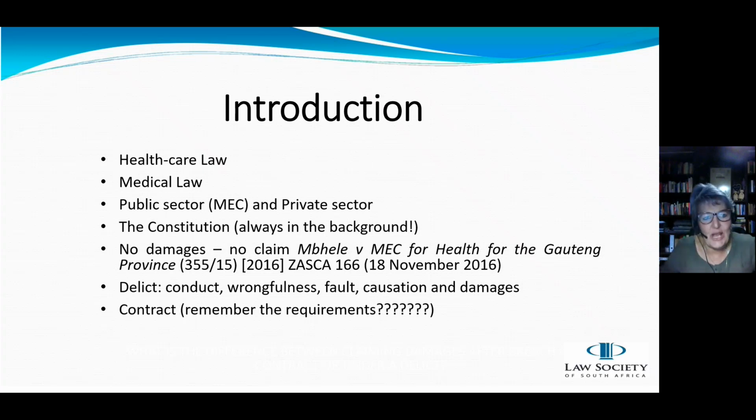People use them interchangeably. But remember that medical law or healthcare law are much wider than just medical negligence. In other words, there are other areas to be explored under healthcare law: in vitro fertilization, organ transplants, mental health. All those things fall under the umbrella of healthcare law or medical law.